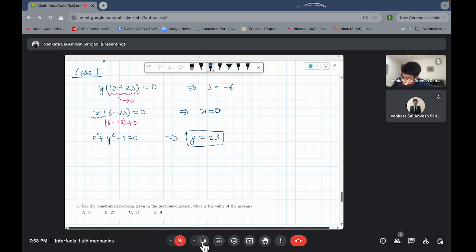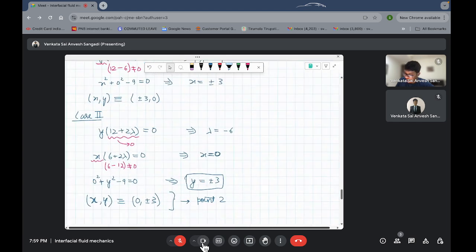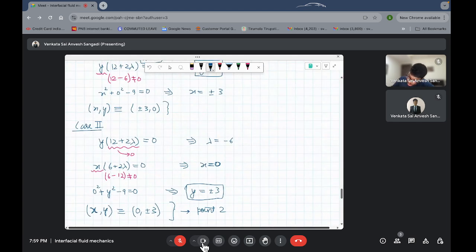So now we have the second pair of solutions, x comma y, which is equal to 0 comma plus or minus 3. Now we have to check, this is point 2, let's say, and this is point 1.